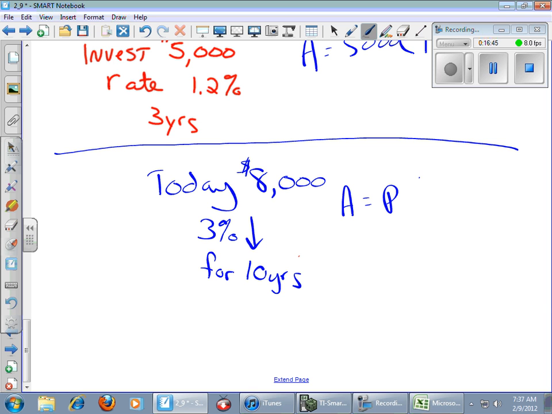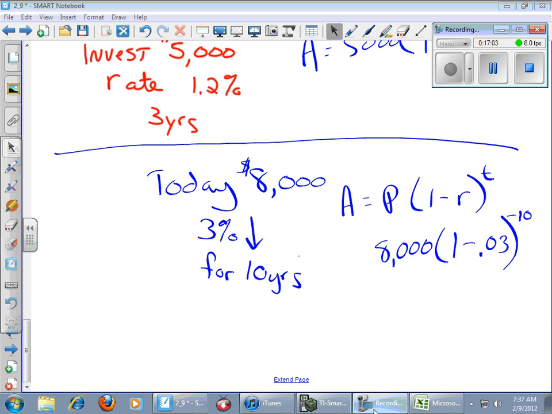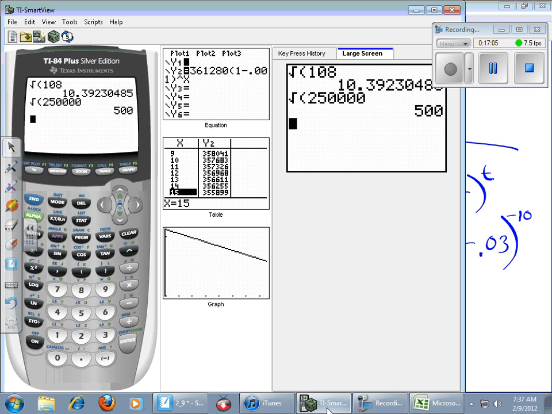Well, I'm still going to use the same formula. Okay, today I have $8,000. My rate is 0.03, and my time is -10 because I'm going back in the past. All right, I'm going to go ahead and crunch that one so you can see my answer has to be that it goes up.